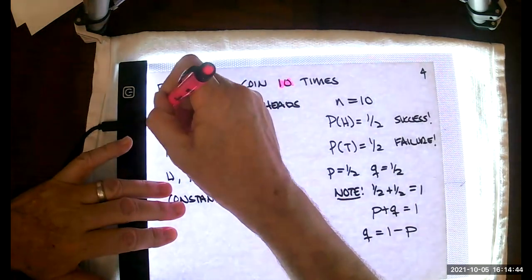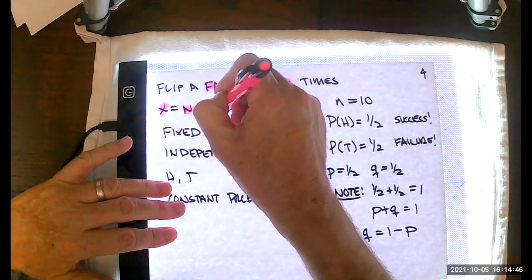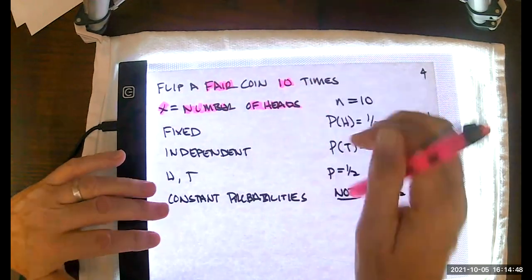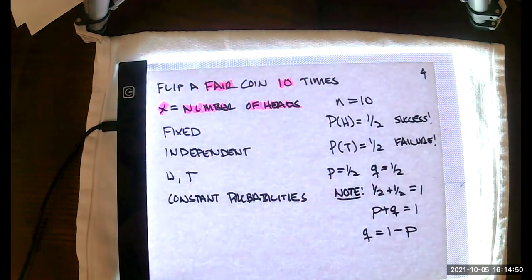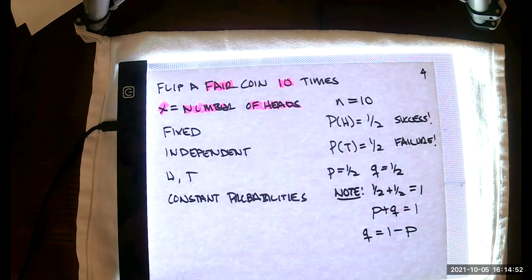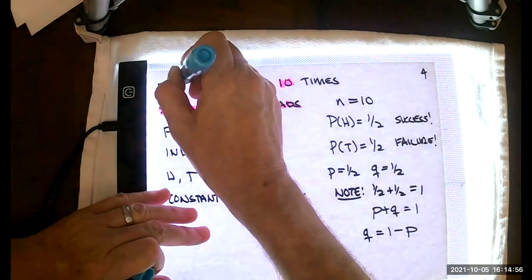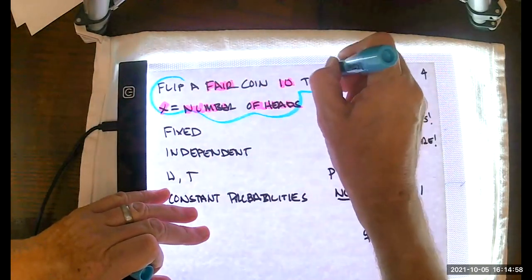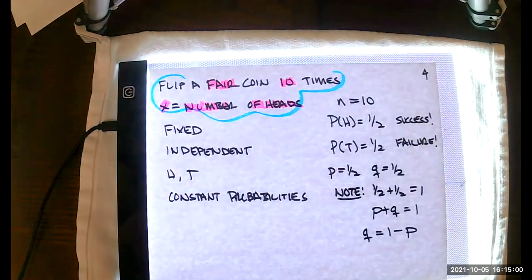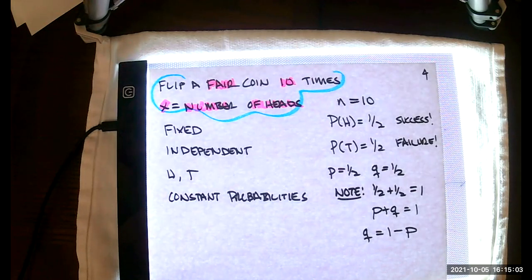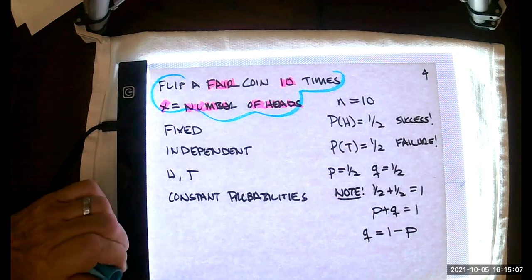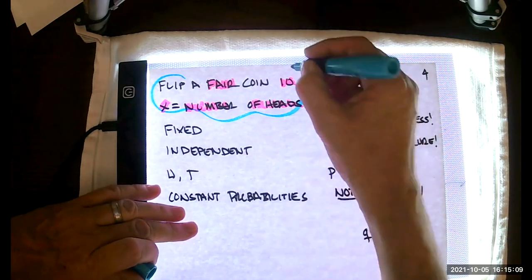And we're going to let X equal the number of heads that we might see in those 10 flips. Now, the question is, is this situation a binomial probability distribution appropriate approach? Well, do I have a fixed number of trials?